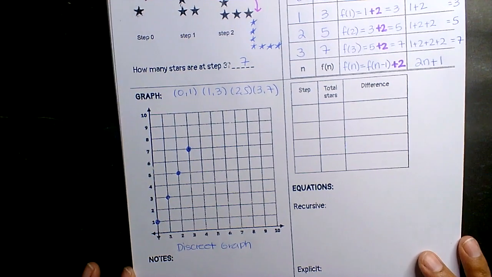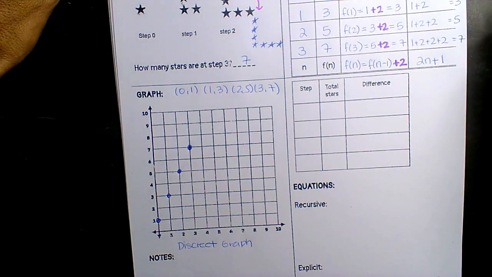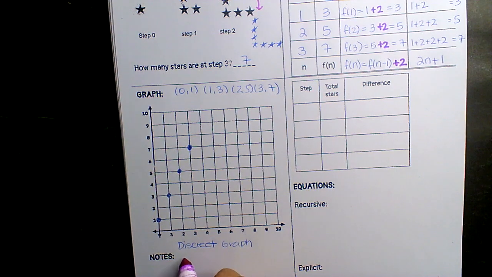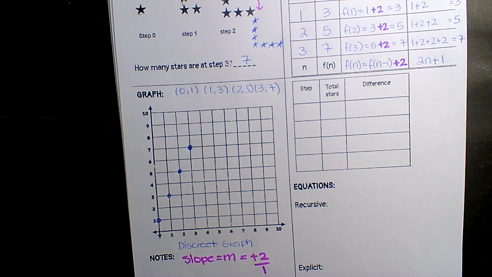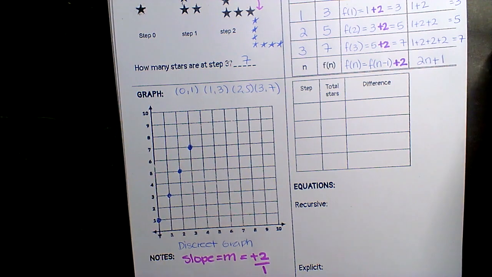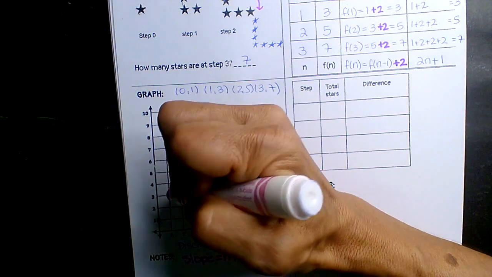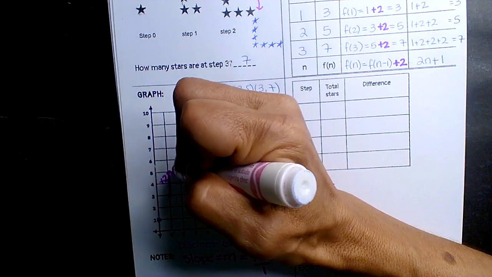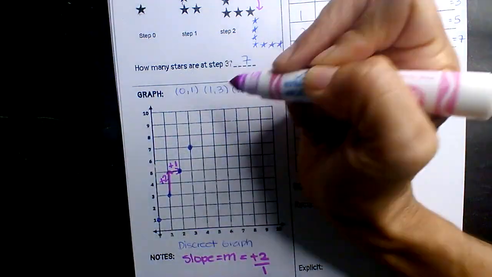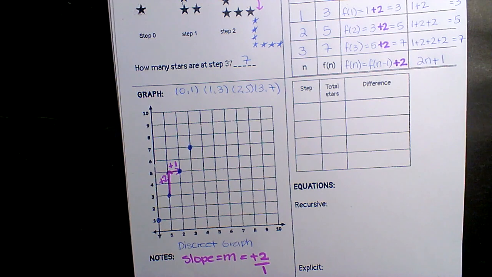And then if you look at the graph, what did I do? Slope in pink. You know that slope is m, and it's plus 2, really plus 2 over 1, right? Looking at the points, from one point to the next it goes up 2, right 1, up 2, right 1.